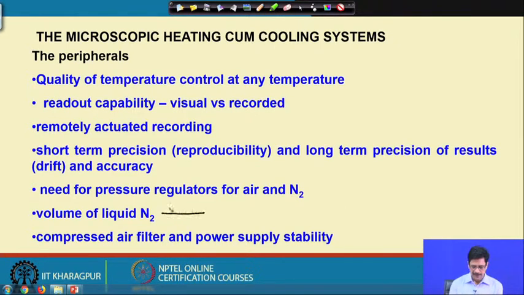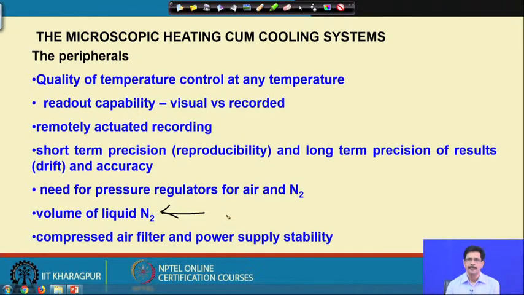Another important aspect of the hot and cold system is the volume of liquid nitrogen that would be required. In systems like the Fluid Inc. adapted heating cum freezing system, the volume of liquid nitrogen required is more, and in the case of a Linkam stage the volume of liquid nitrogen required is less, because in a Fluid Inc. hot and cold microscopic heating freezing system, there is no liquid nitrogen pump.